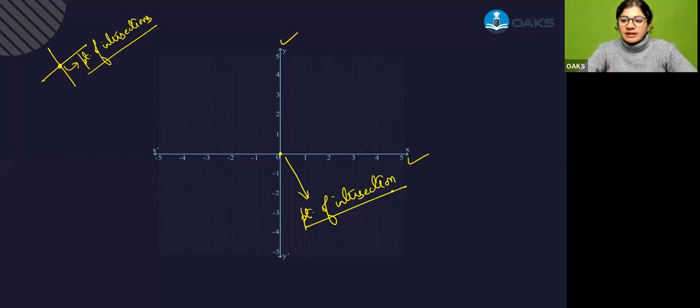Now when these two lines, x-axis and y-axis, intersect, that point is known as origin, and it is also denoted by capital O.